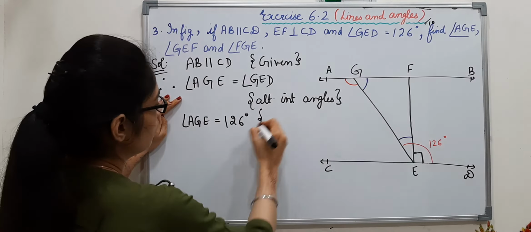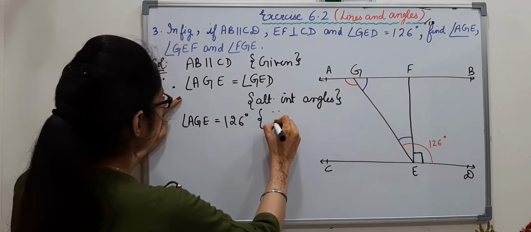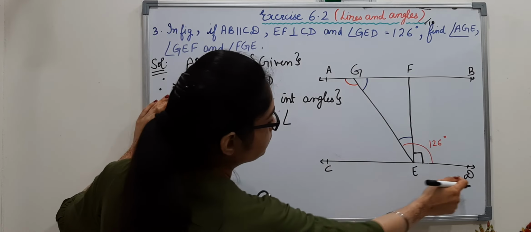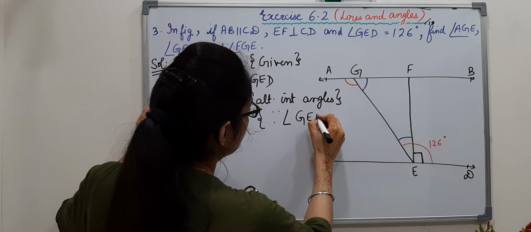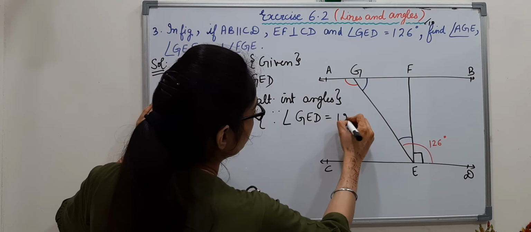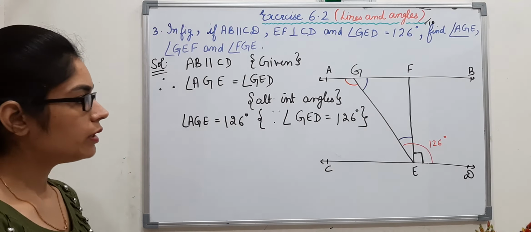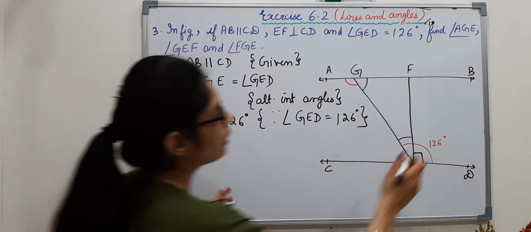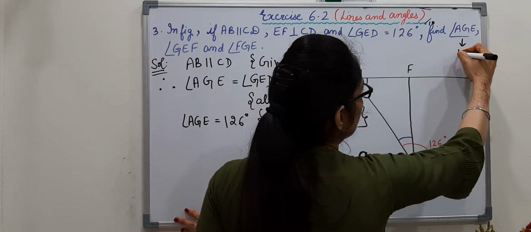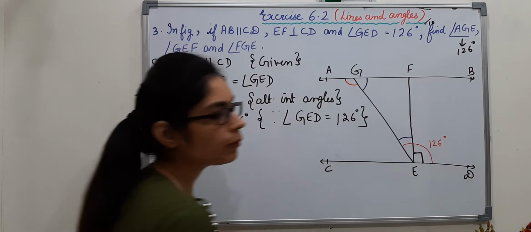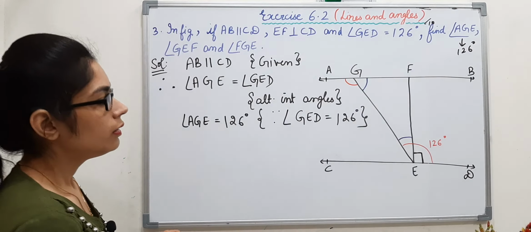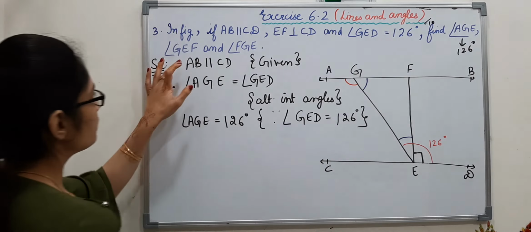So here also we can mention, because angle GED is equal to 126 degrees, therefore AGE is also equal to 126 degrees. So here we have found the value of AGE. You can write here it is equal to 126 degrees. Now let's move towards the next angle, GEF.